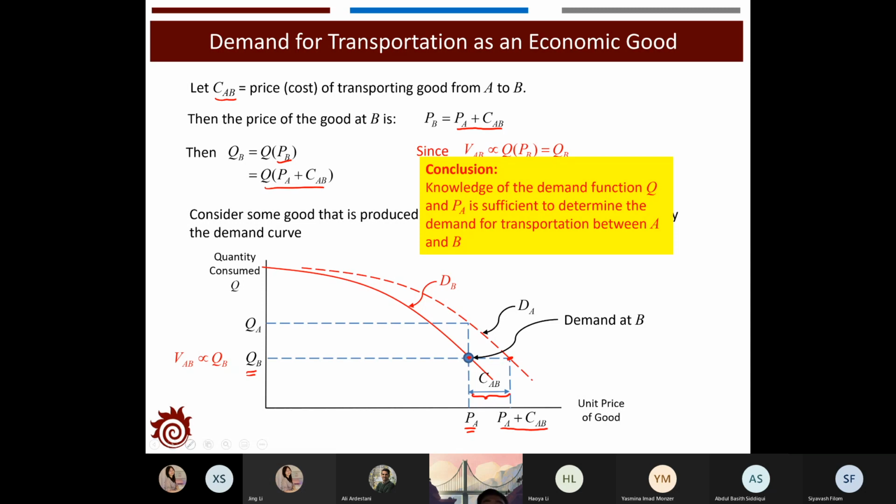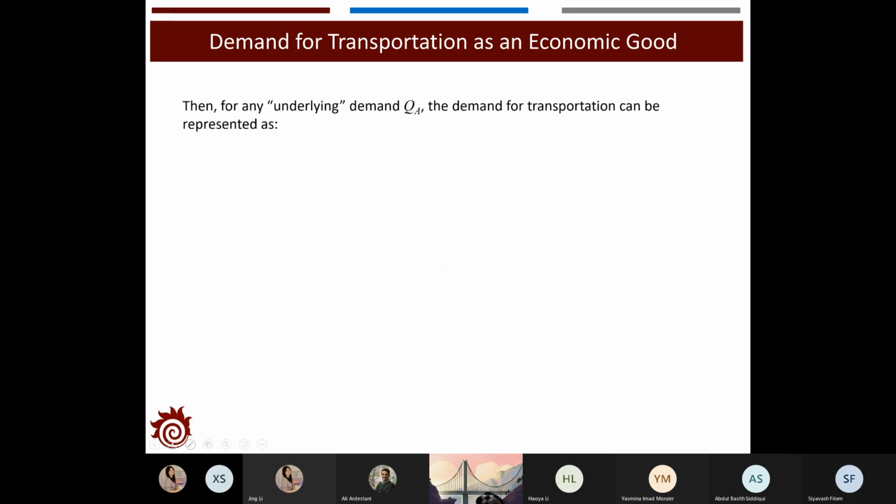So this is what we can conclude about the demand for transportation with respect to the price at one location.